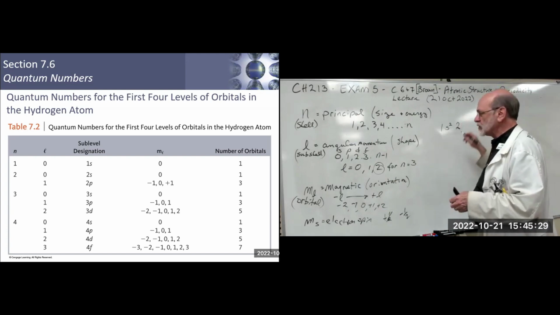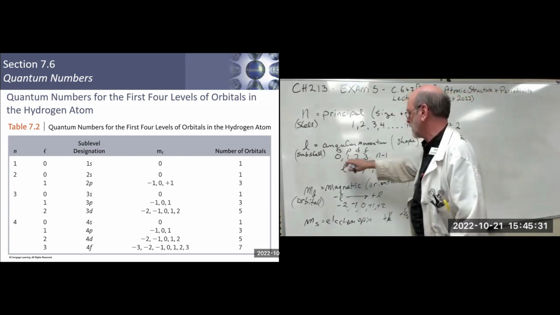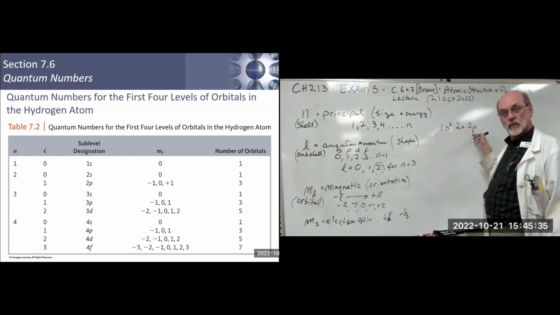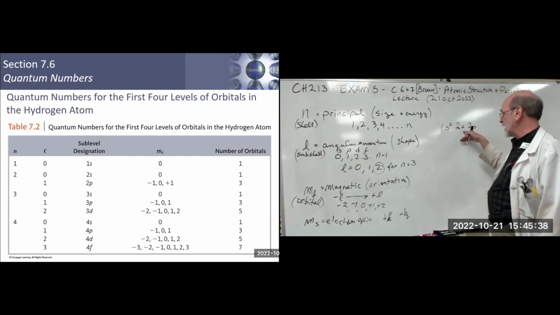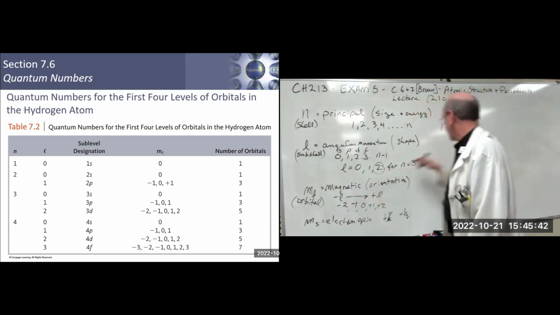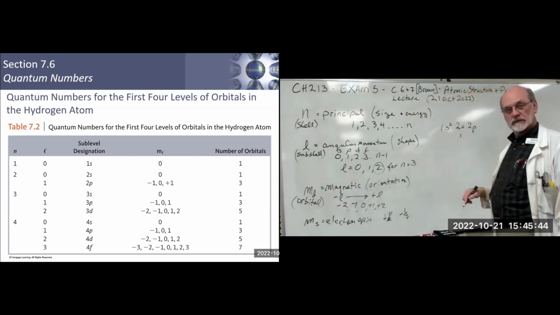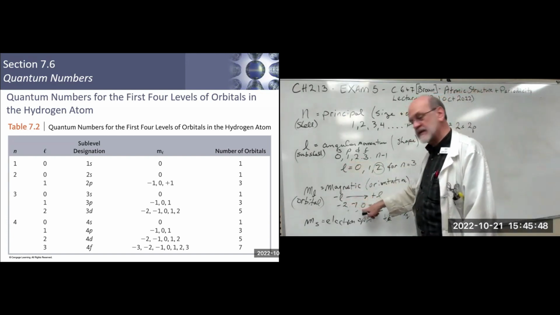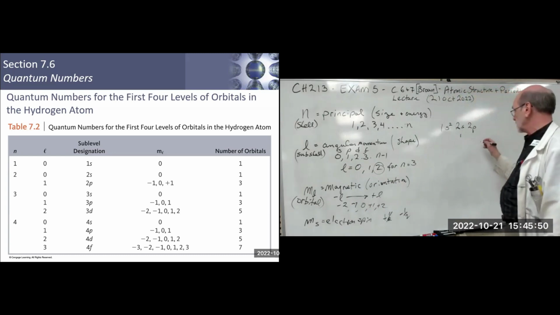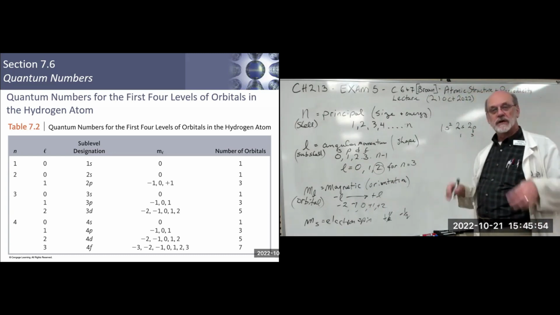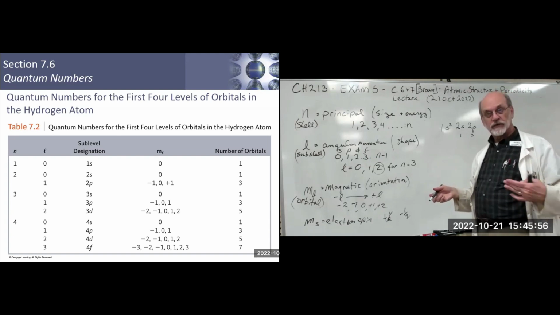For the 2 level, you can have 0 and 1 for L. So you can have an S and you can have a P, 0 and 1. Well, how many can you have here? Well, you can have only 1 orbital for that one. But the P, being 1, can be minus 1, 0, plus 1. It can have 3. So what's the total number of orbitals at n equals 2? 4. 1 and 3 is 4.